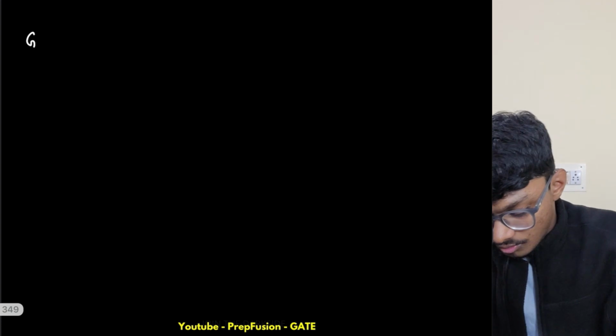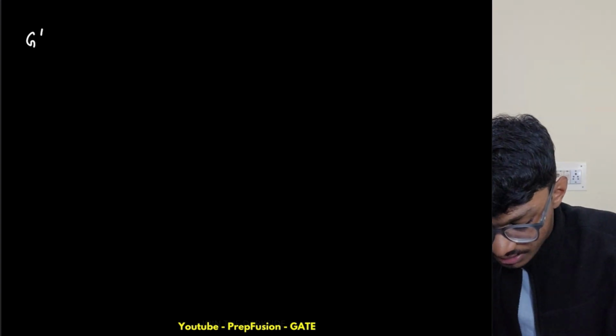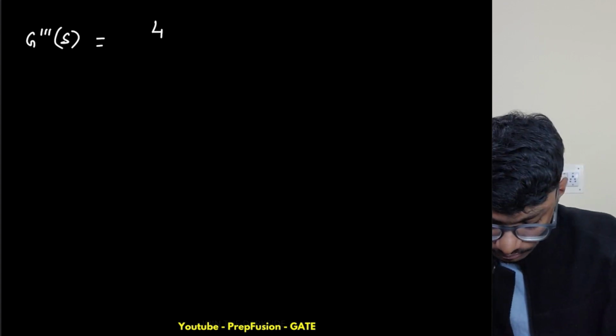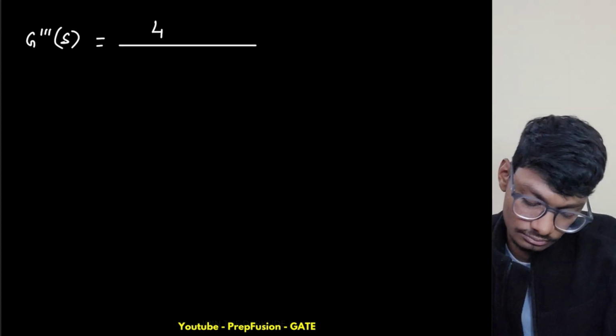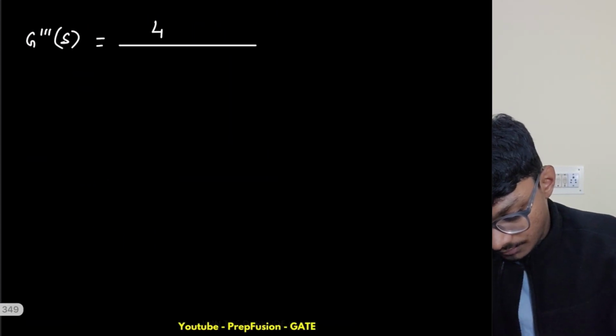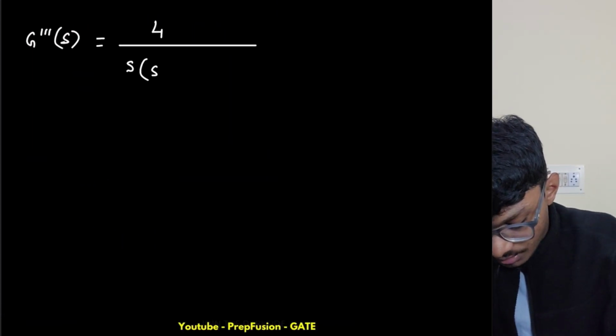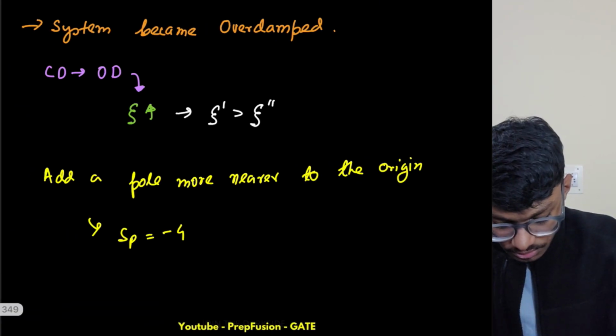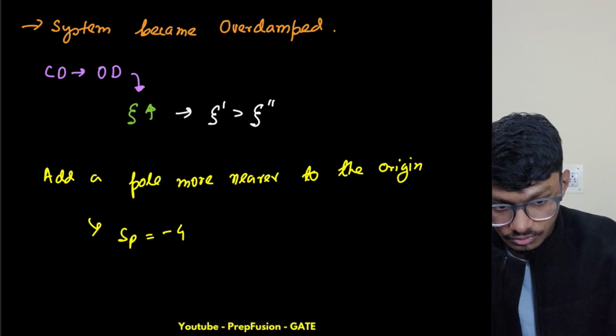Okay, so what does my G triple dash become? G triple dash simply becomes 4 into S. Why should I add the pole here?